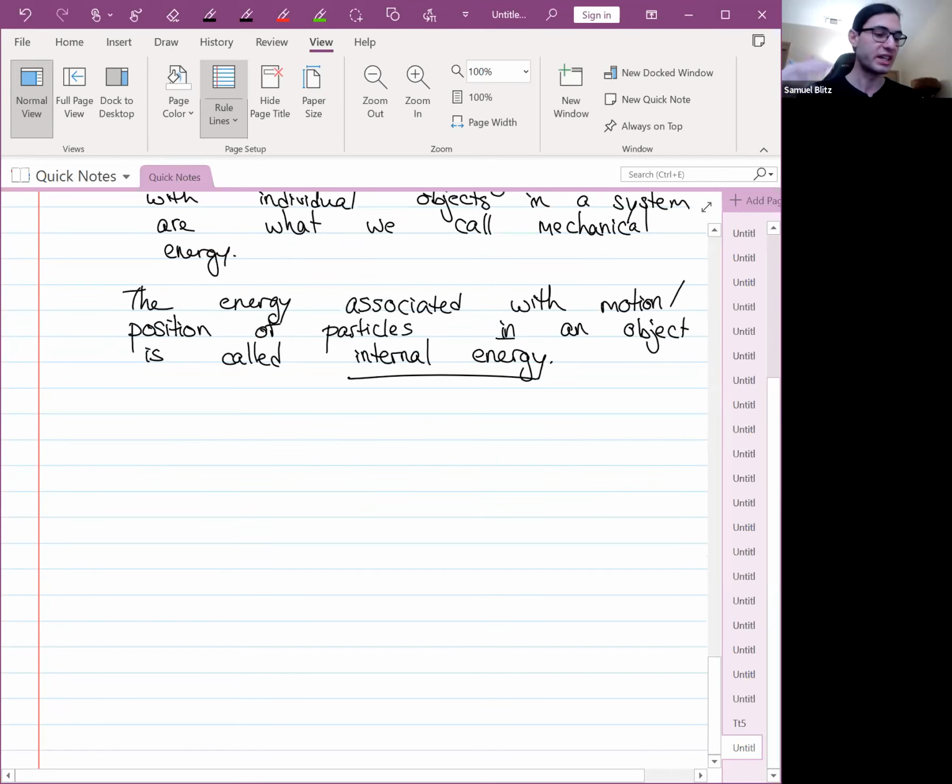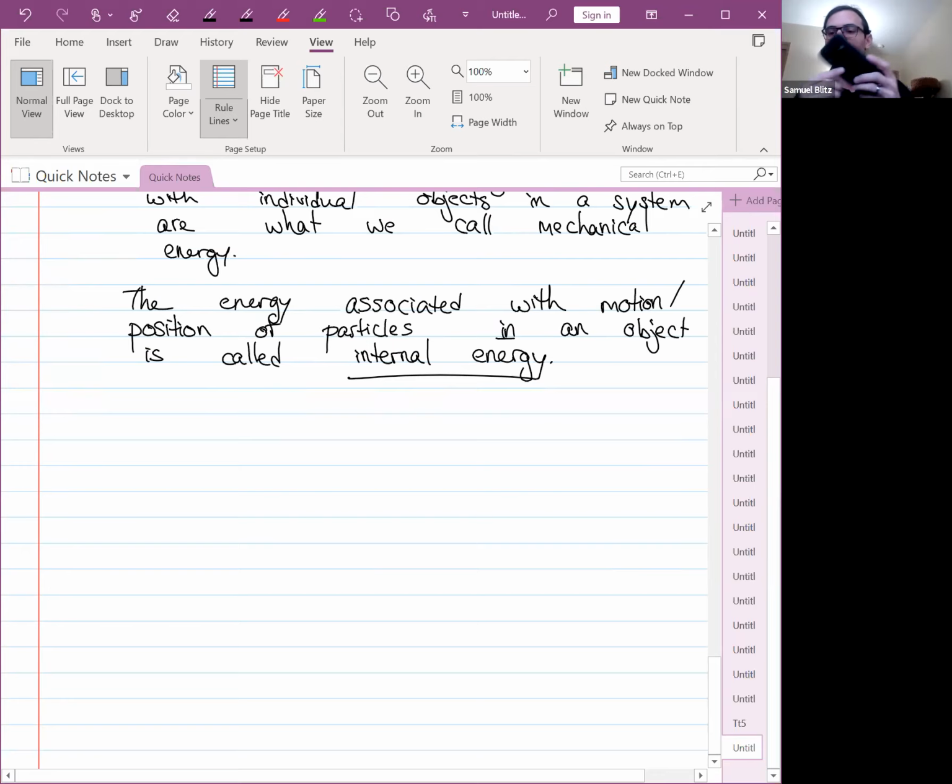So this is all to say, given an object, we split up the total energy of that object into energy associated with the motion of the object, which is what we generally call mechanical kinetic energy, and the motion of the parts of the object that do not result in the object moving.